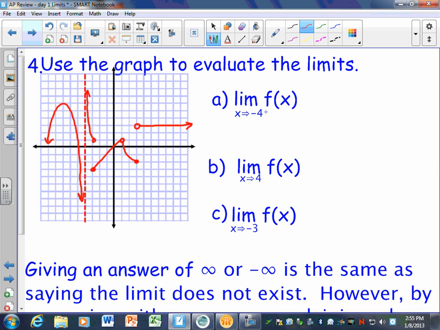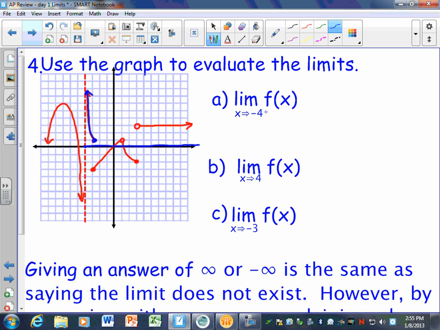Positive means from the right. So if I find negative 4 over here, 1, 2, 3, 4, here's negative 4. I want to know what's happening as I'm getting closer and closer from the right. So it's like I'm coming in from this direction, and I want to know what's happening with that function. So find the graph as I get closer and closer to negative 4. I'm dealing with this little segment right here. And I want to know what y value that is approaching.